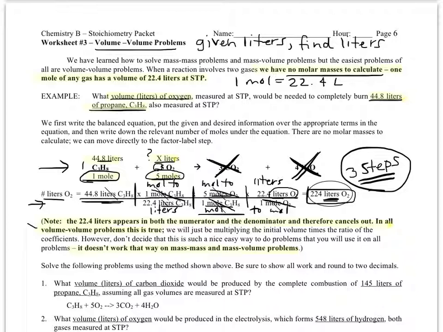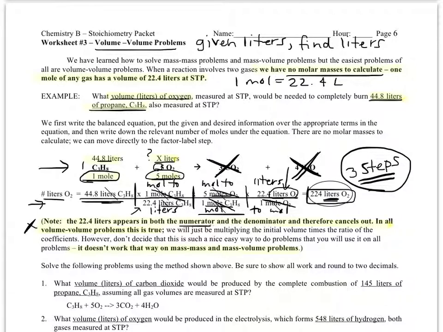Now, there's a little note here, and if this confuses you, just completely ignore what I'm about to say. But some of you who are comfortable with math are going to notice that you have in this problem 22.4 liters first on the bottom right here and then 22.4 liters on the top right here, which means that first you multiply by 22.4 liters and then you divide by 22.4 liters.